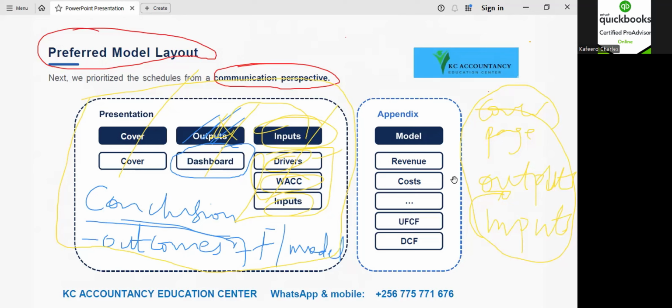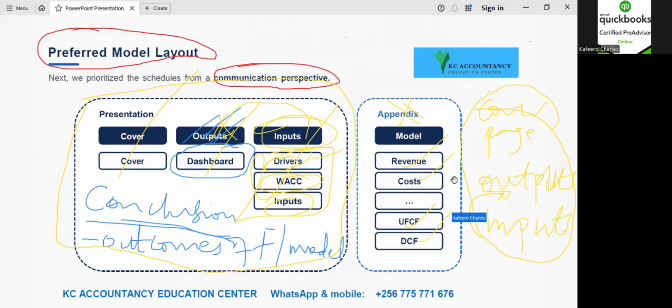Also, if they are comfortable with the model building abilities of the person they hired to construct their models, they may not need to look any further at these appendices to actually see the revenue, costs, cash flows and the DCFs.